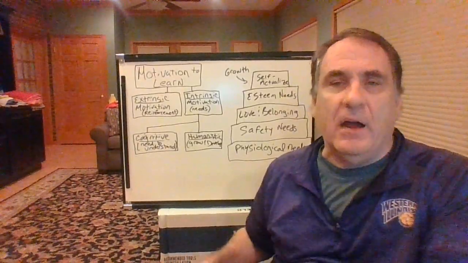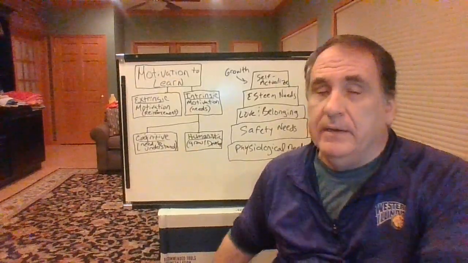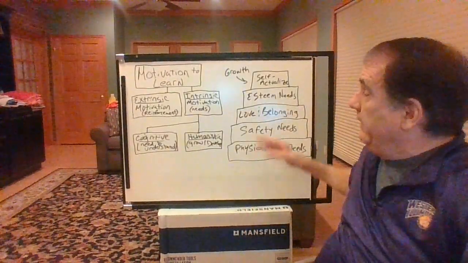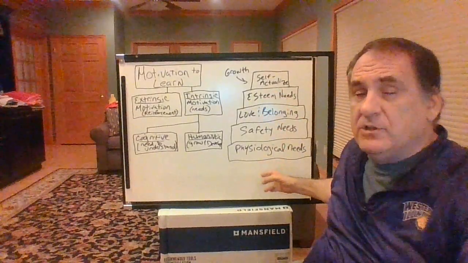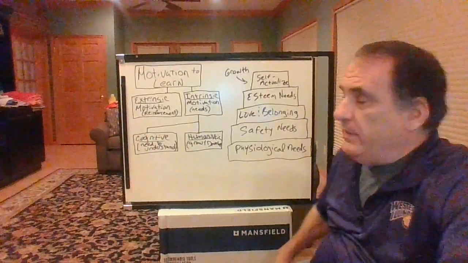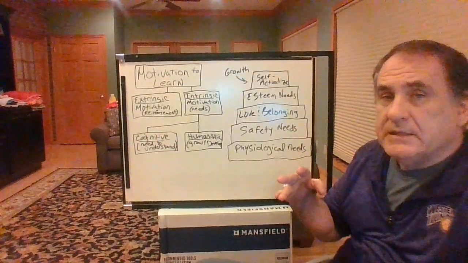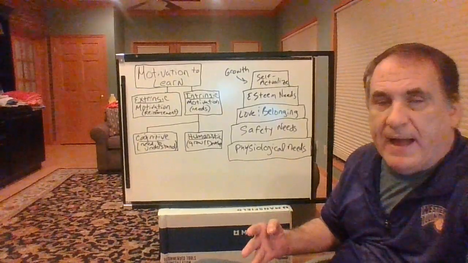How do I get that out of our students? One of the things I can draw a nice parallel to is information processing theory and Maslow's hierarchy of needs. You'll notice a very common thread there. Remember, with information processing theory, we recognize that we have a limited attention span and limited working memory capacity.